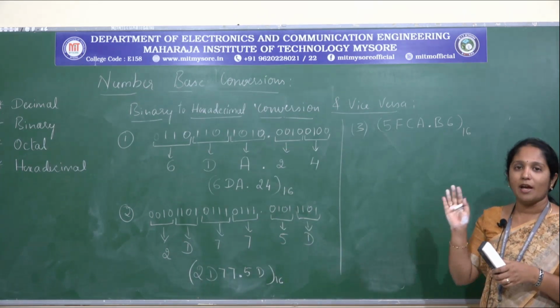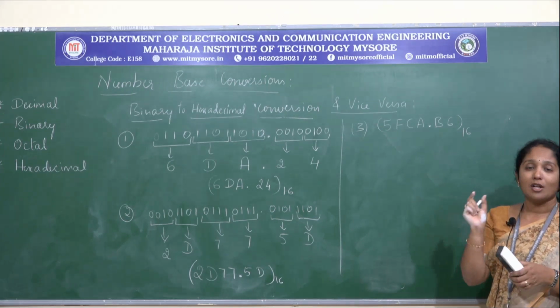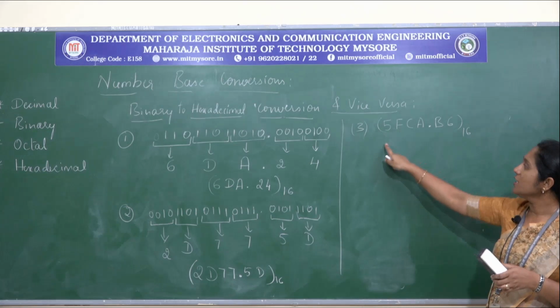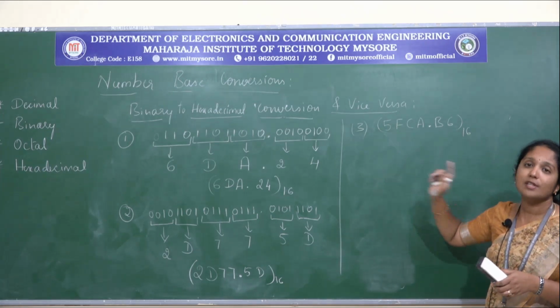It is the same as octal to binary, wherein we wrote the equivalent for the given digit using 3 bits. Now we are supposed to write using 4 bits.